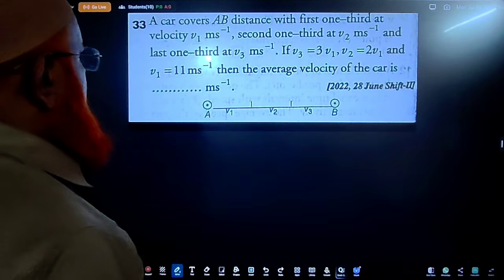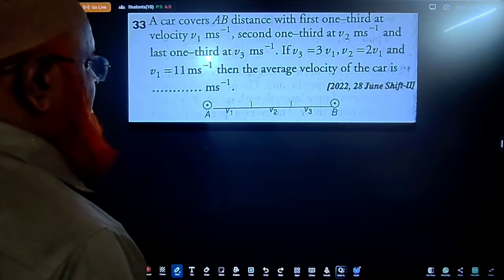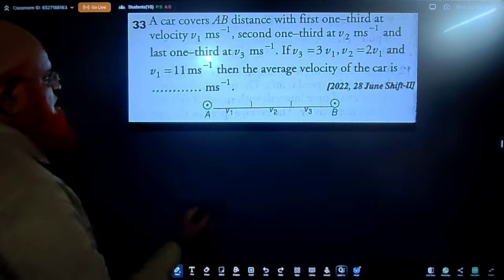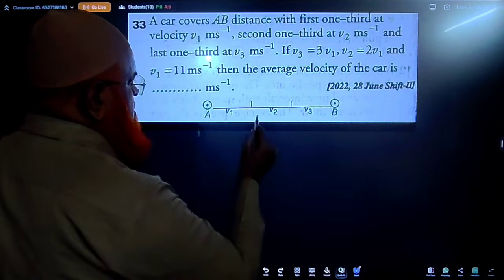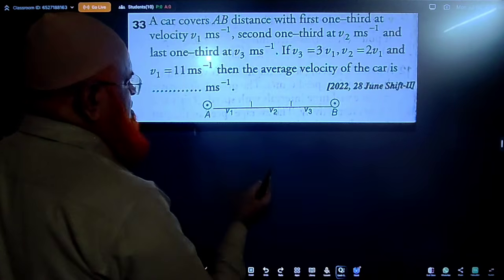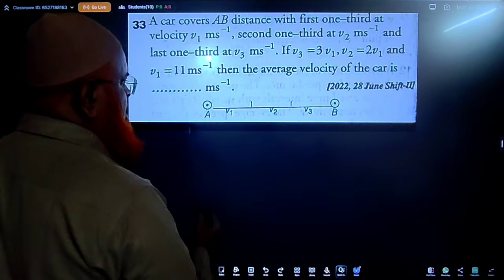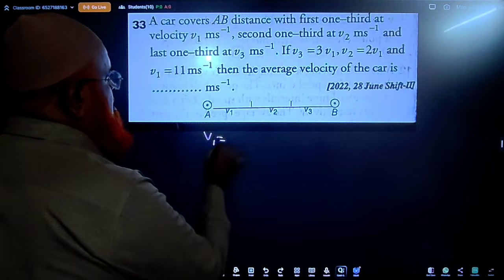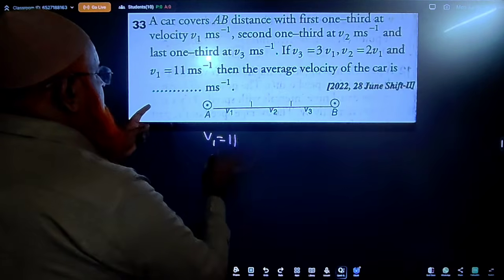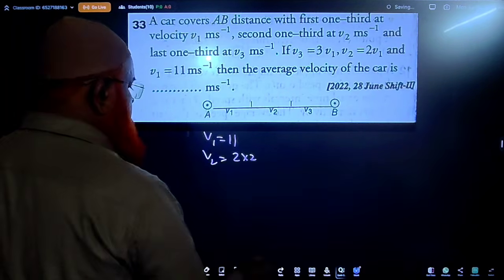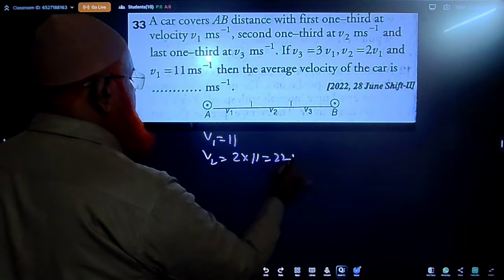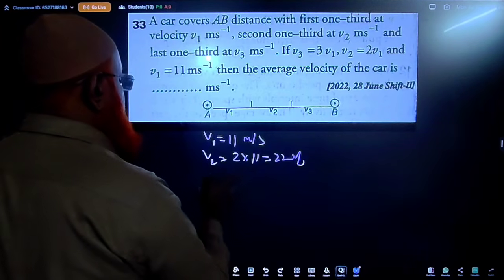See here now, a car covers a distance AB with the first 1/3 with velocity v1, the second 1/3 with velocity v2, and the third 1/3 with velocity v3. Here v1 is 11, v2 is 2 times v1, which is 2 into 11, 22 meters per second, and v1 is 11 meters per second.